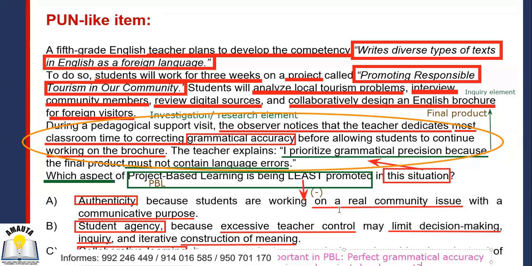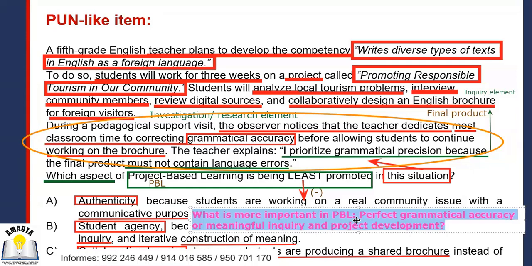So, my dear teachers, can you see my question? Can you tell me what is more important in this approach? Let me know on the chat box.